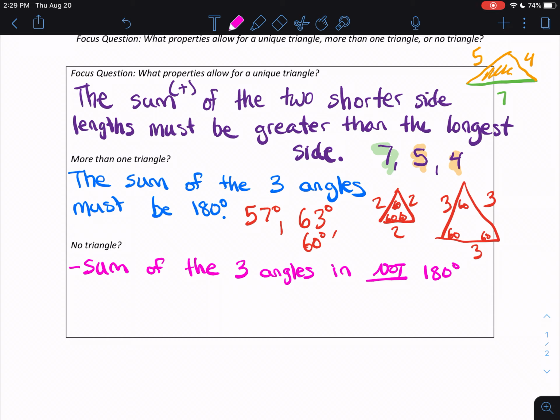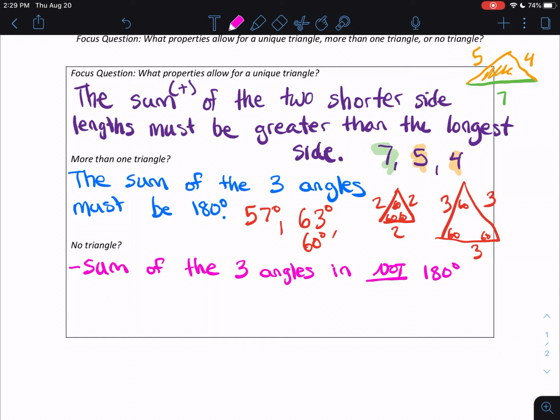It could be less than 180 or greater than 180, it doesn't matter. If it's not exactly 180 degrees, it will not make a triangle. The endpoints would not connect. It just wouldn't work. I would show you right now, but that tool is not available on iPads, which is super frustrating.